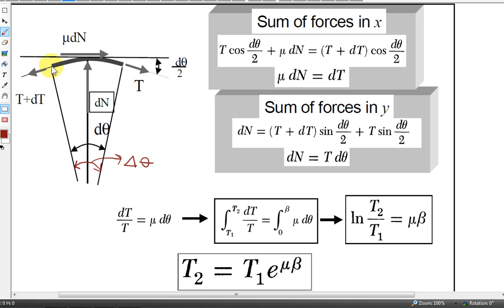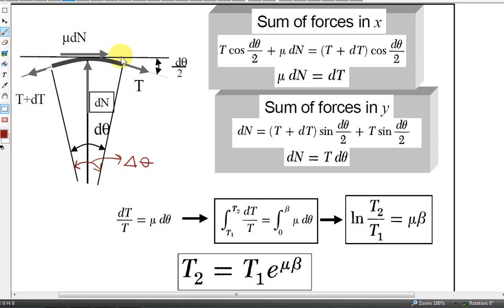If there was no friction force, then this end would move to the left because this force T plus dT is greater than T. But since we have a friction force, the friction force always opposes motion. So if there's no friction force, the belt would move to the left. With the friction force, the belt is stationary, so the friction force must act to the right.